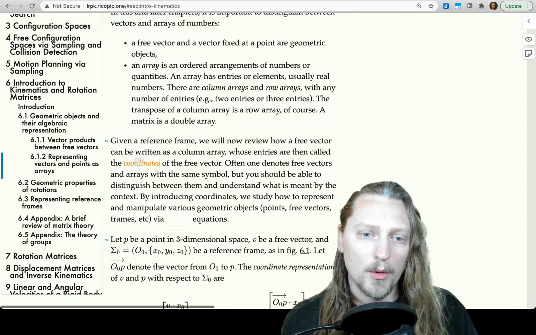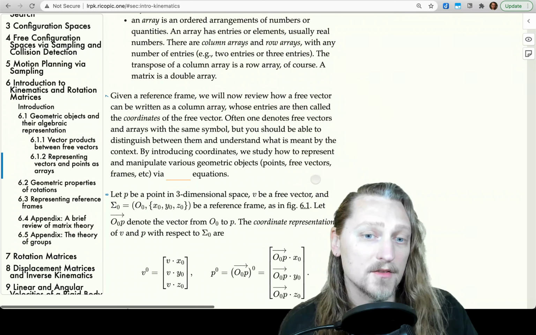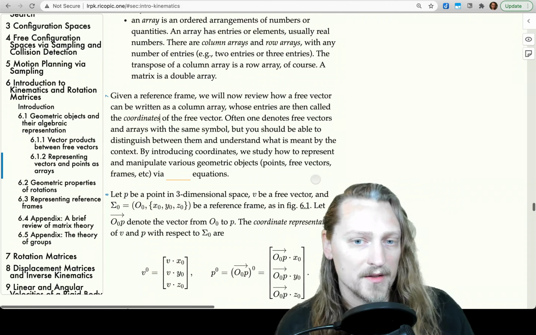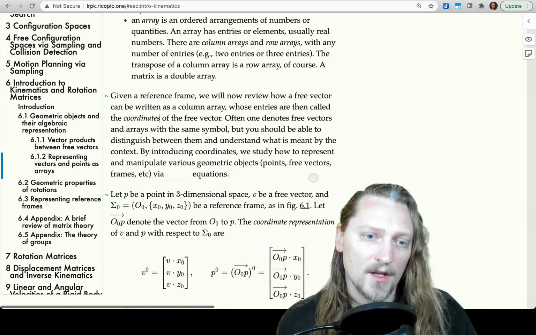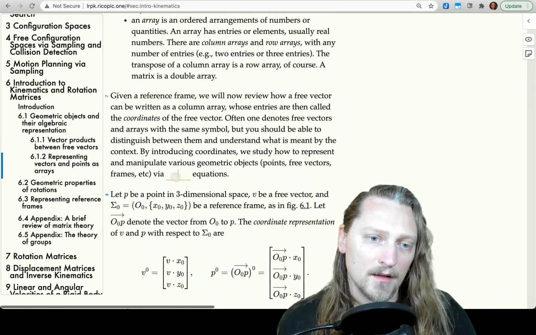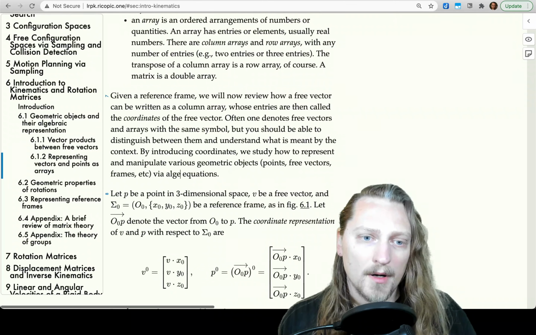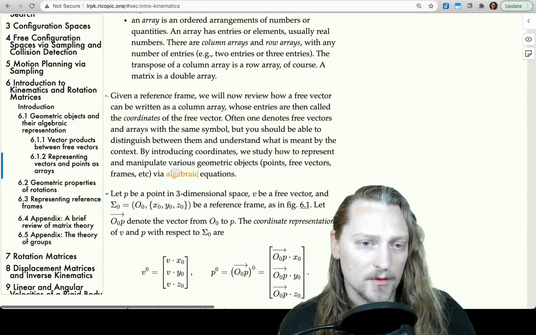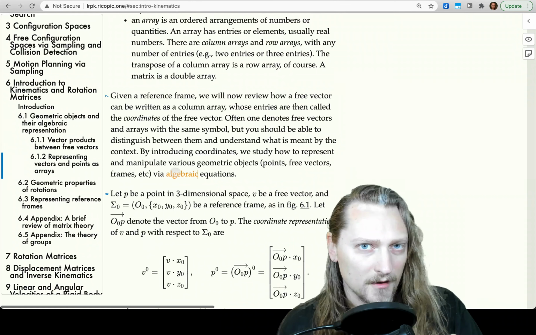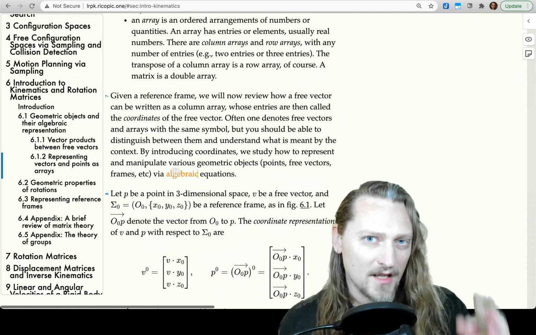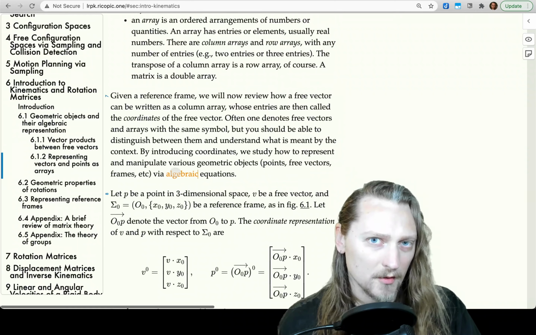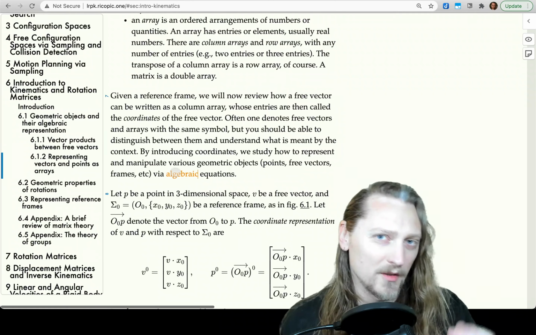By introducing coordinates, we study how to represent and manipulate various geometric objects, points, free vectors, frames, etc. via algebraic equations. So we have geometry and we have algebra here. Okay, they're to be distinguished, but they do complement each other fairly well. That's why we use both.